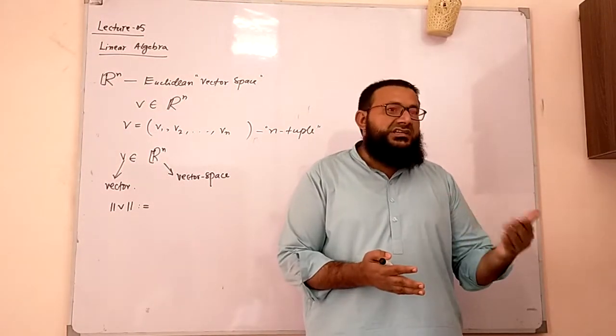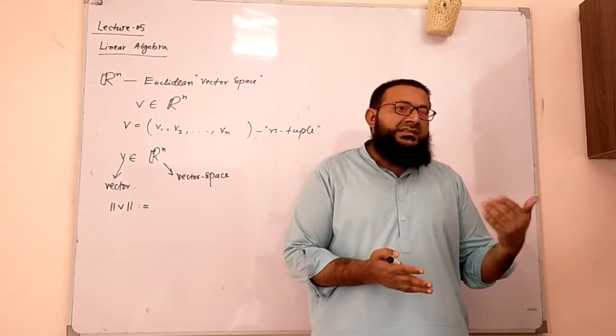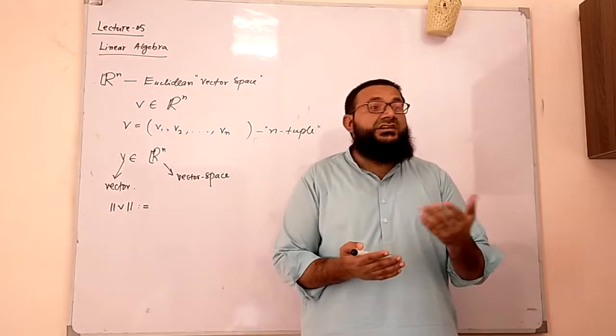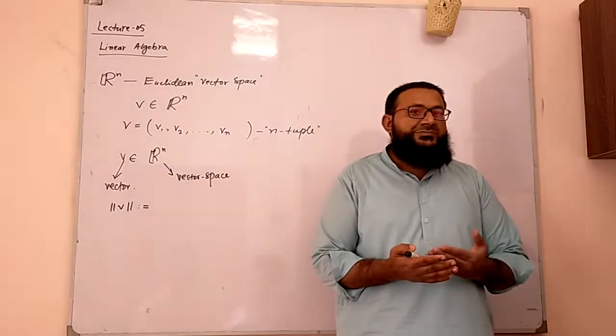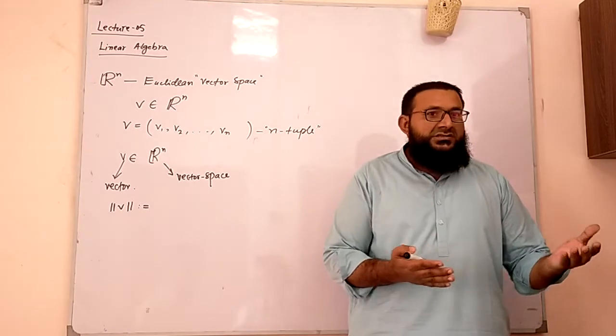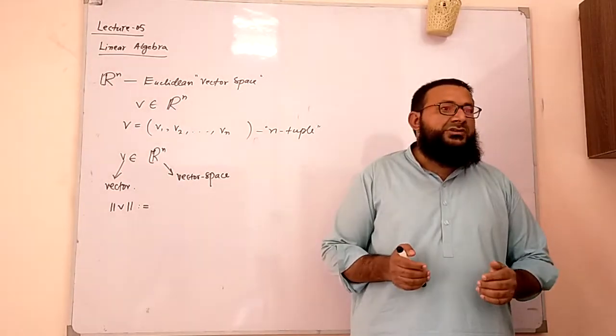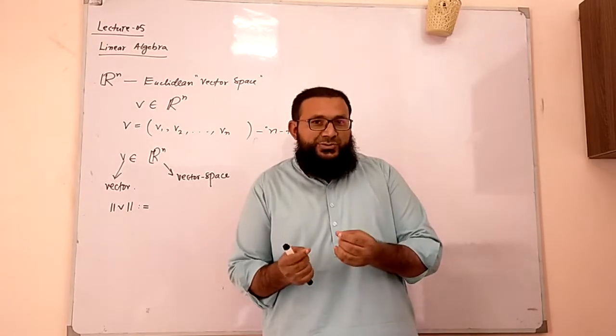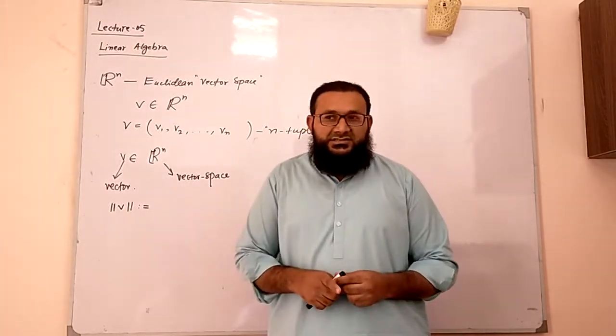But in any generalized vector space, length is a different idea. For example, if you are taking a vector space of continuous functions, or the vector space of differentiable functions, then how do you define the length of that particular thing? Then you always define the norm of that, because norm is the generalized notion for length.